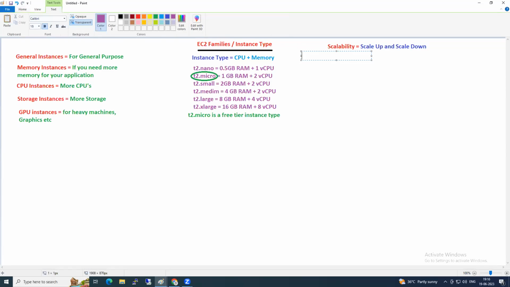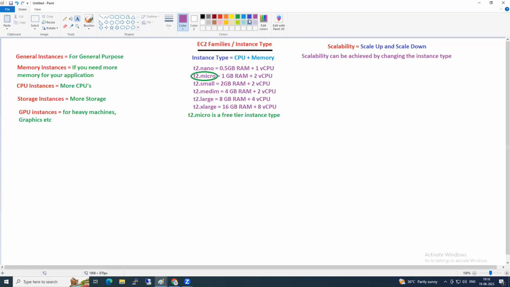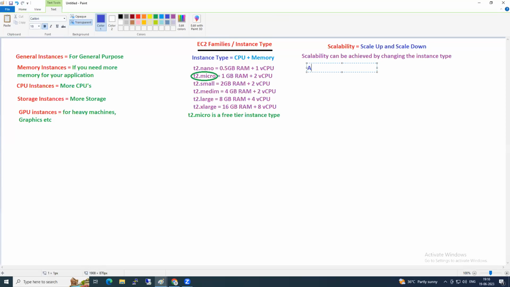So scalability can be achieved by changing the instance type, first of all. This is number one. Anytime you can do the scale up. Anytime you can do the scale down?